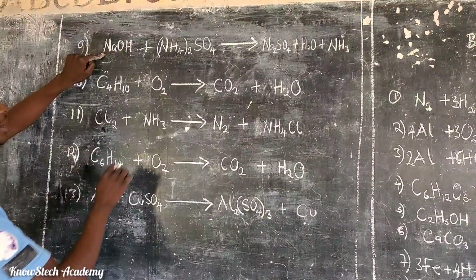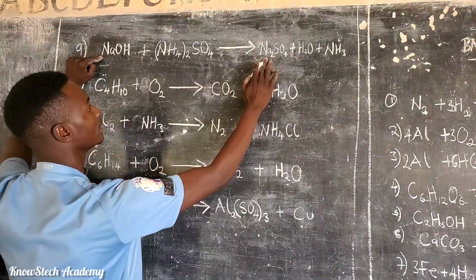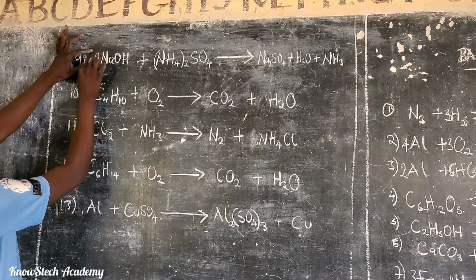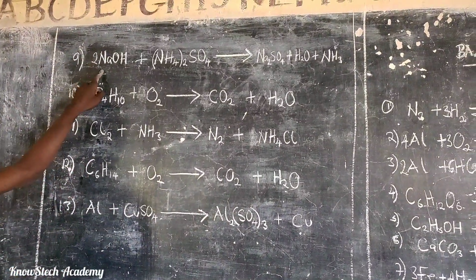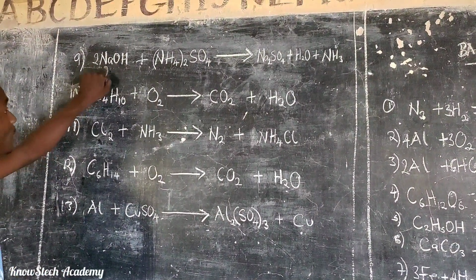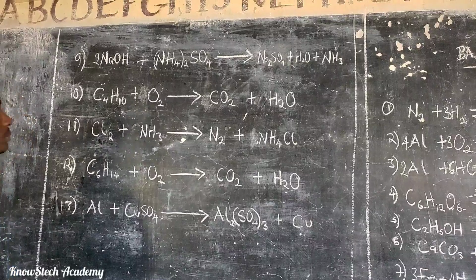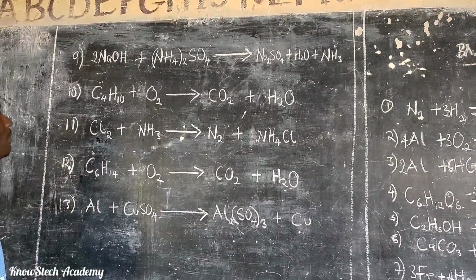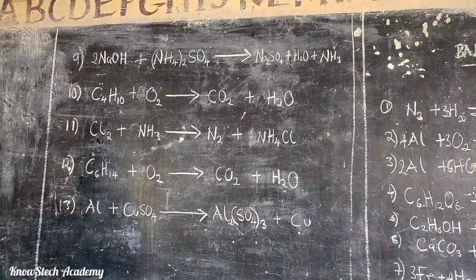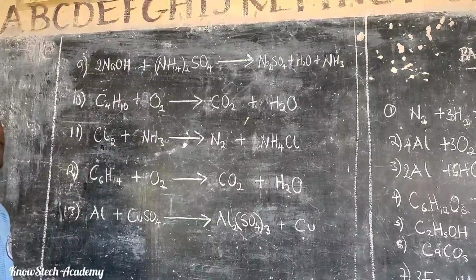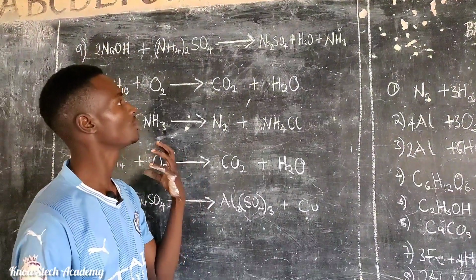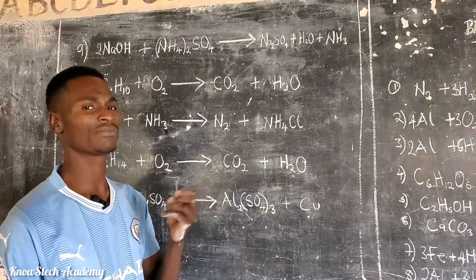We have one. How about on the product side? Two. So I'm going to put a two here, so that the number of sodium atoms is equal to the number on the product side.